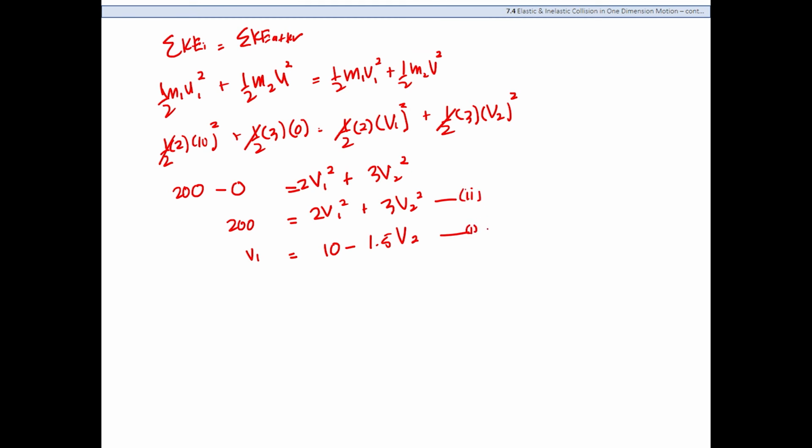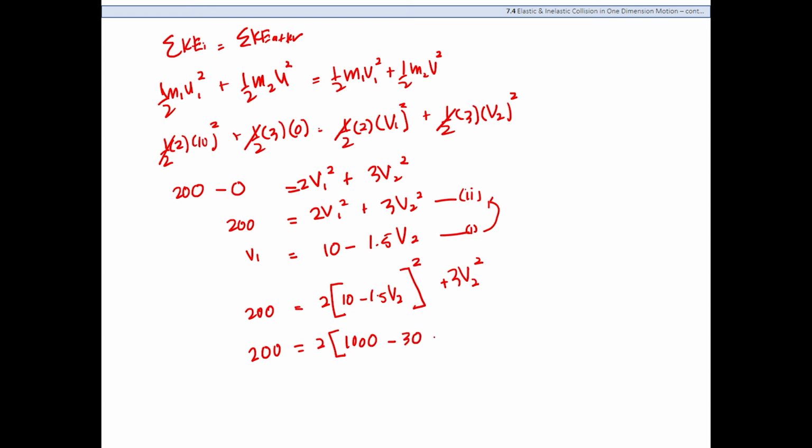So we substitute equation number 1 into equation number 2. We get 200 equals 2 times (10 minus 1.5 v2) squared plus 3 v2 squared. Expanding, 200 equals 2 times (100 minus 30 v2 plus 2.25 v2 squared) plus 3 v2 squared.